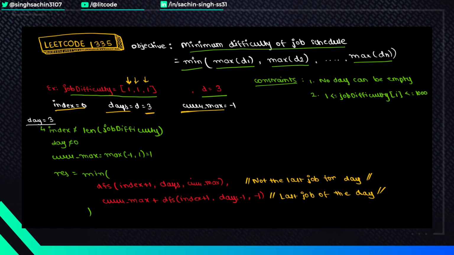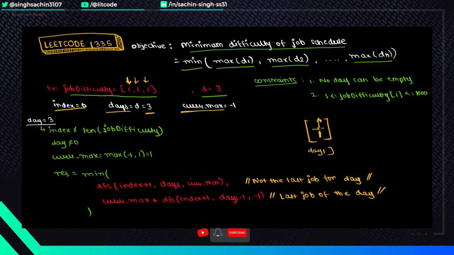Now for each job, there are 2 options. For example, this is day 1. I can put 1 in it, and there are 2 options now. Either I can end my day over here, or I can continue to add more jobs to it.